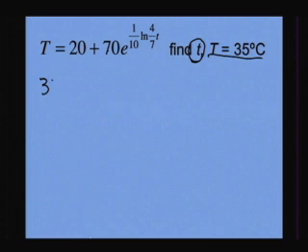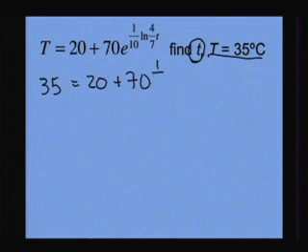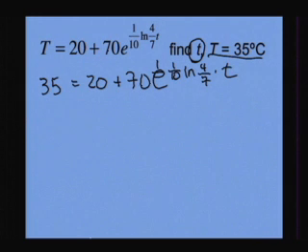So 35 equals 20 plus 70 e raised to the 1/10 natural log 4/7 times t. So subtract 20 from both sides, and this becomes 15. Divide both sides by 70, and we have 15/70ths, which reduces to 3/14.